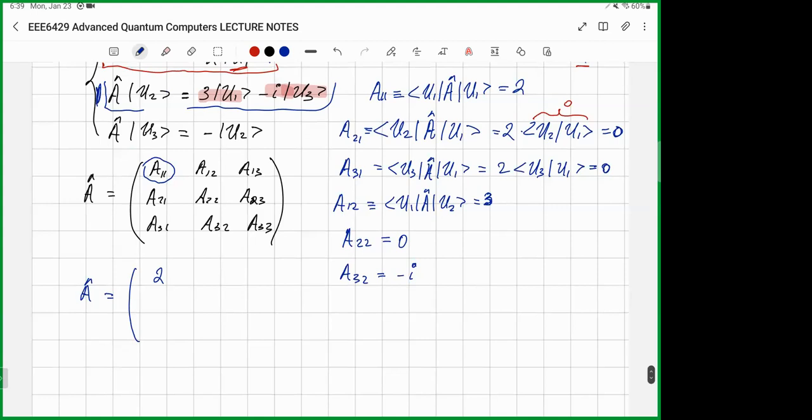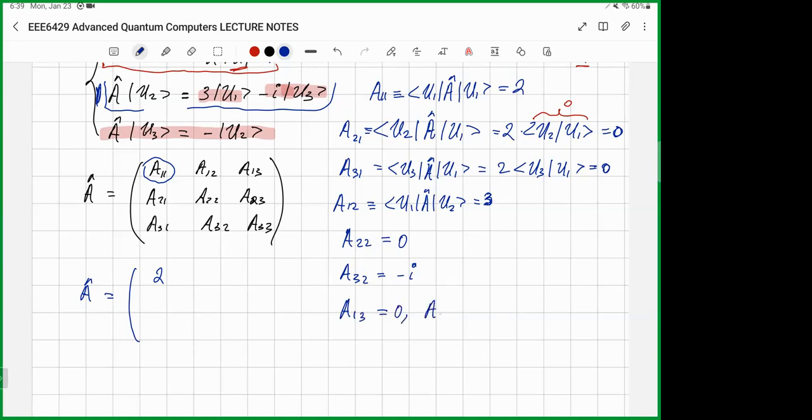And now let's jump to the third rule here. For this rule, I will get the components with the second index free, right? So I can write A13 first, multiply this by u1, and this gives me 0.